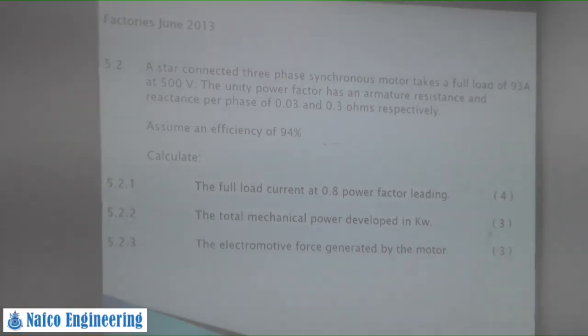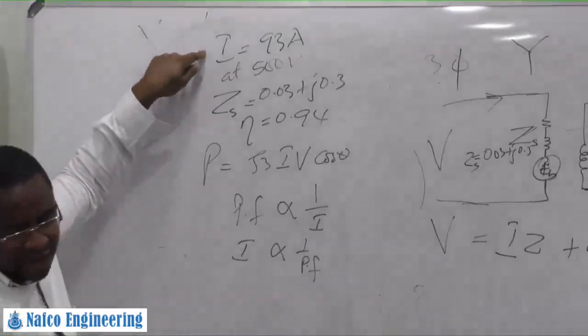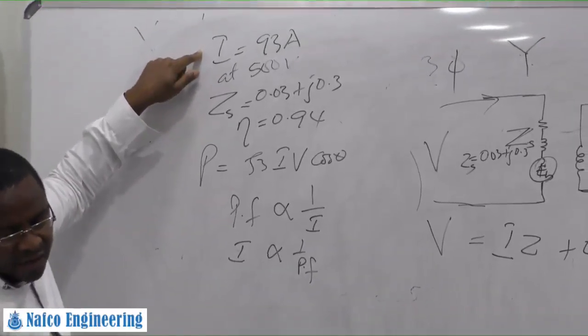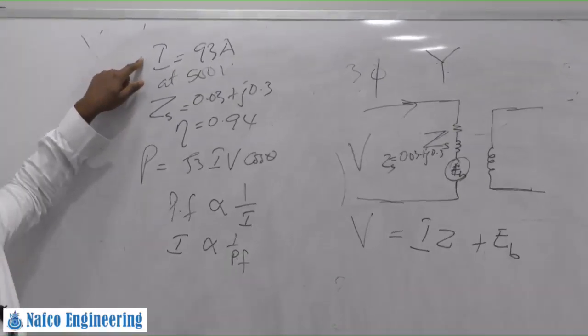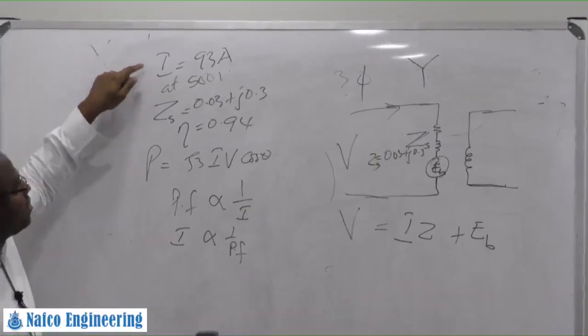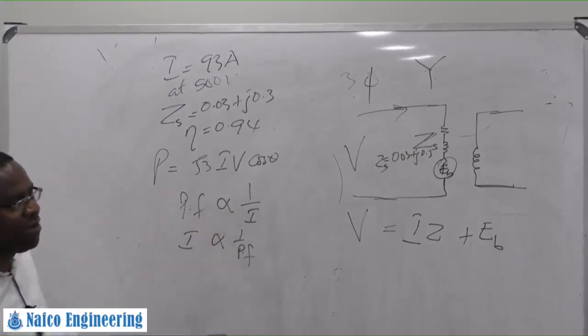You can even use this to solve the problem. They said it's 93 amps at unity power factor, and then what will be the full load current at 0.8?